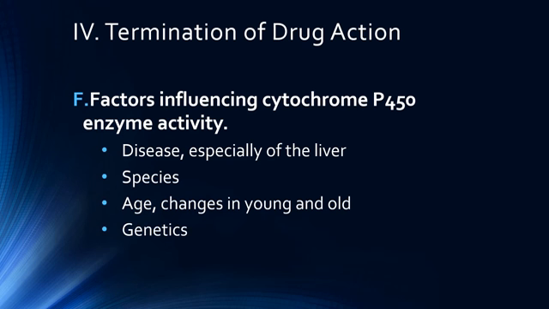Genetics are also very important. This is an area in which we're learning so much about how genetics interact with drugs. This is an area called pharmacogenetics and pharmacogenomics, and we are now starting to see that you can actually take someone's genetic profile and try to find drugs that will work well for them.